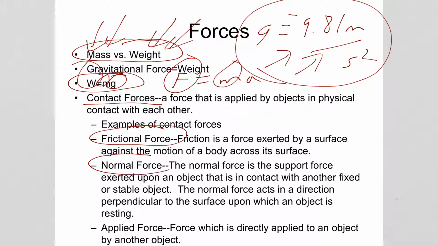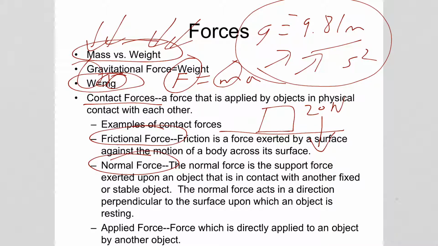The normal force is one you may not have heard of before. The normal force is a support force. It's exerted on an object that's in contact with another fixed or stable object. It acts in a direction perpendicular to the surface upon which the object is resting. For example, if a box sits on the floor and the box weighs 20 newtons, well, that 20 newtons is pushing down on the ground.